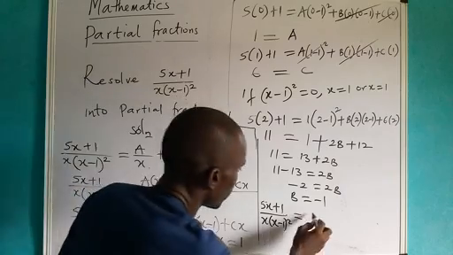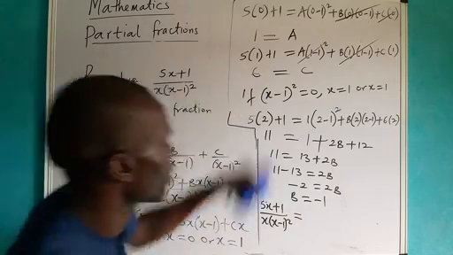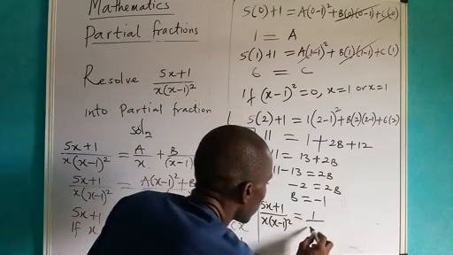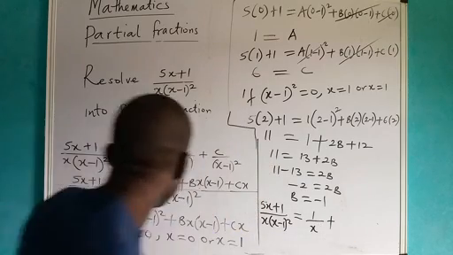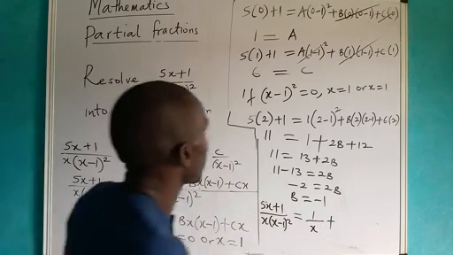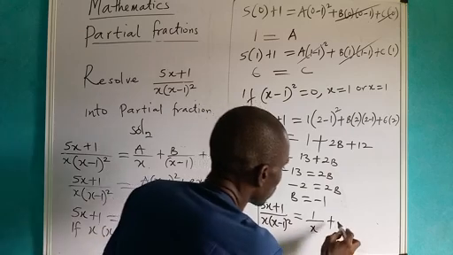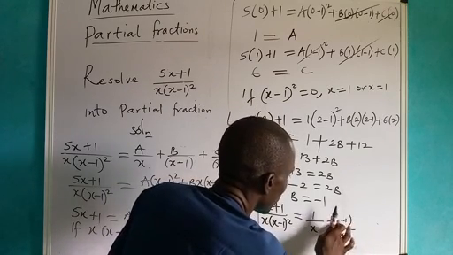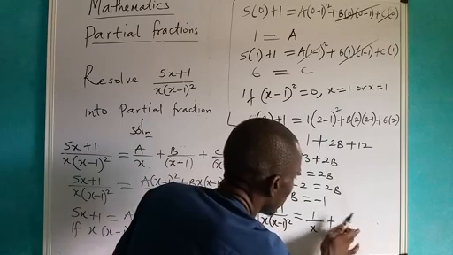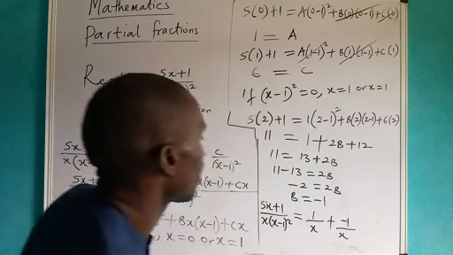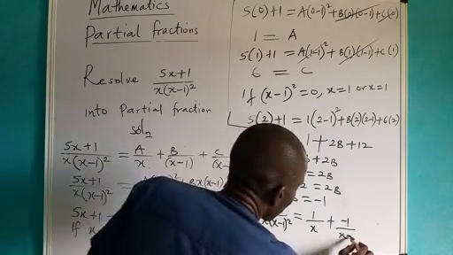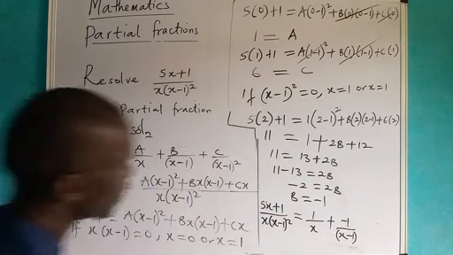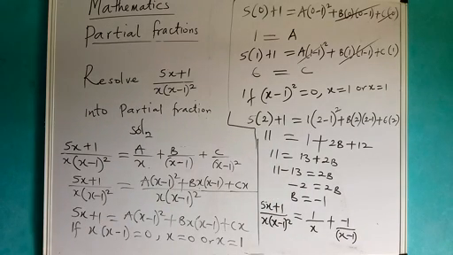From what we were given, A was 1, all over s, plus the next one, B. And what's our B? B was minus 1, all over s minus 1. Don't forget, minus 1.